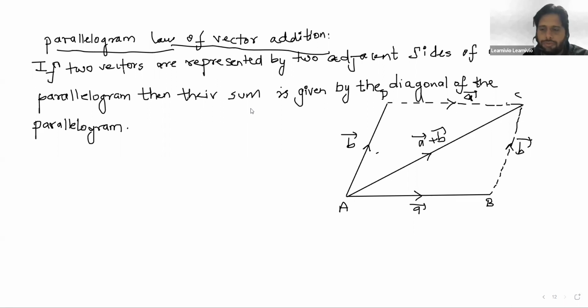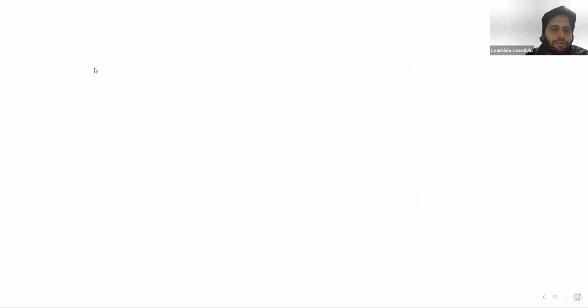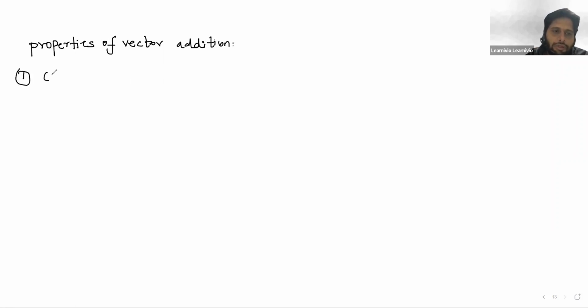Okay, let me start next. Next is properties of vector addition. The first property is commutative. Commutative property.